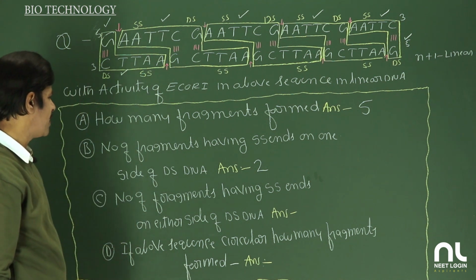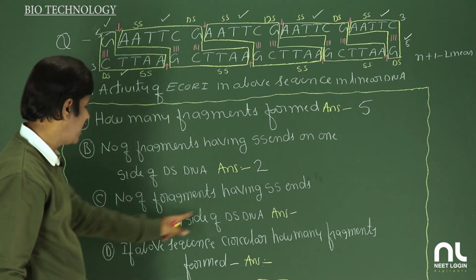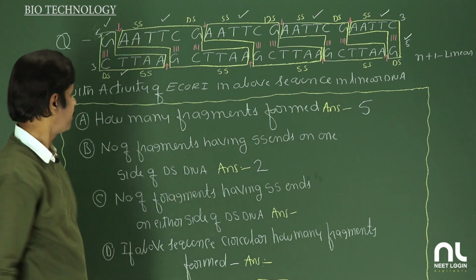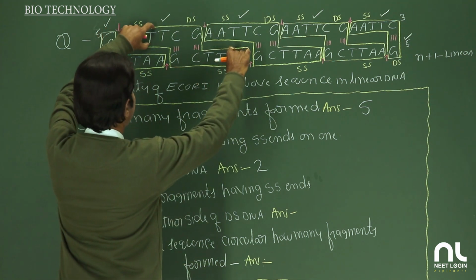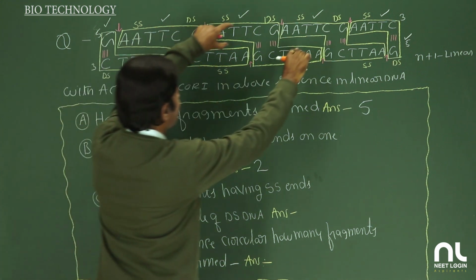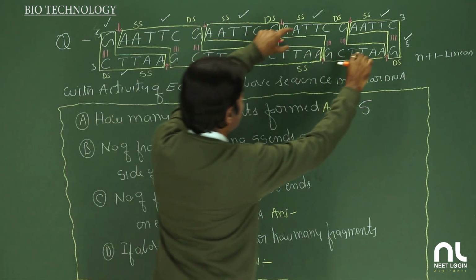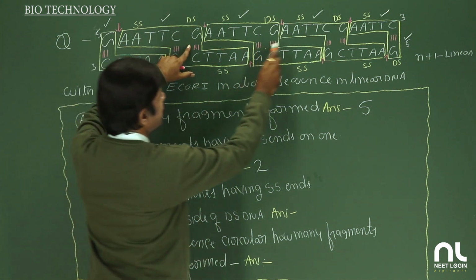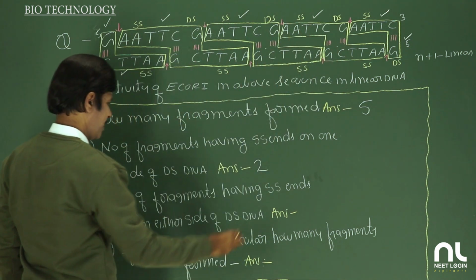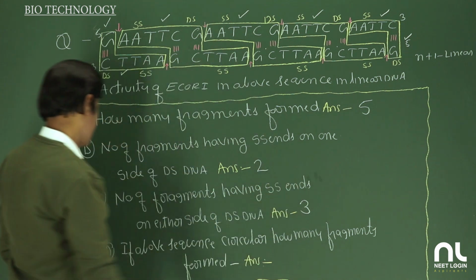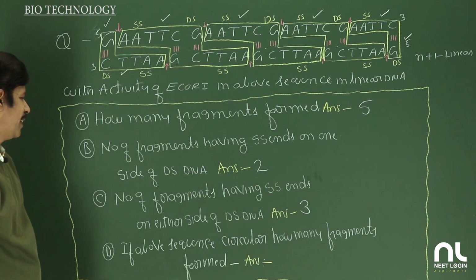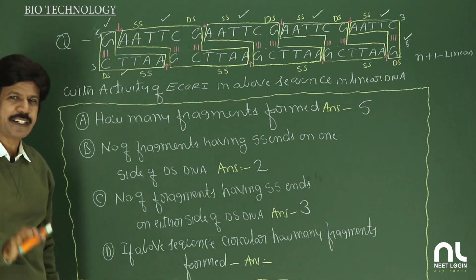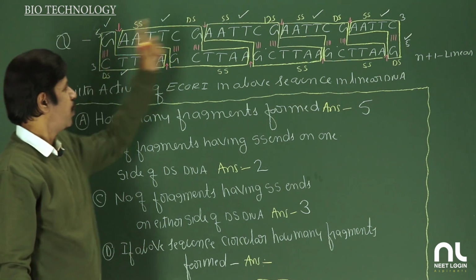Number of fragments having single stranded ends on either side of double strand DNA: single strand, double strand, single strand, double strand. How many fragments did you get? 1, 2, 3. Number of fragments having single stranded end on either side of the DNA is 3. Total it is 5.